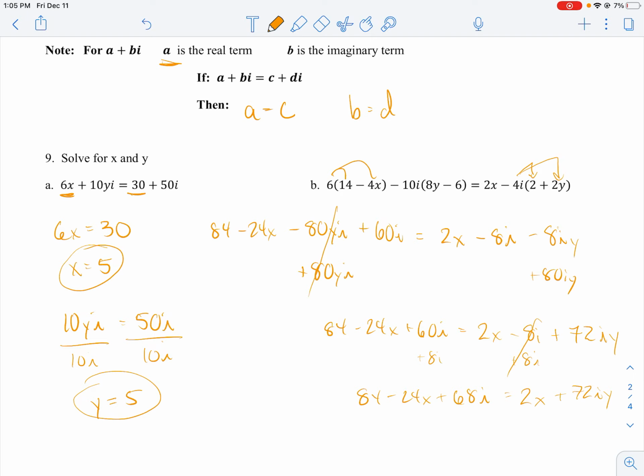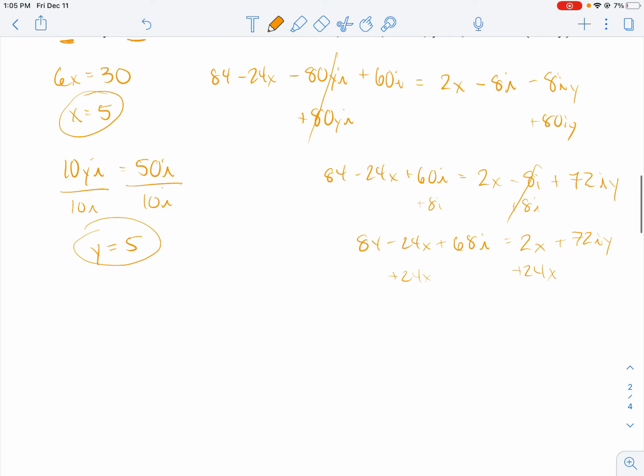And finally I'm going to bring over this 24x so that now I'm left with 84 plus 68i is equal to 26x plus 72iy. And now we are able to solve. I'm going to set my real numbers equal to each other. So 26x is equal to 84, x is 84 divided by 26. I think that's an even number.